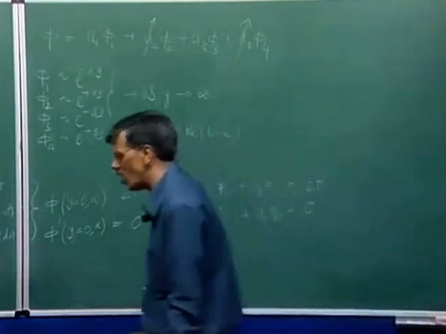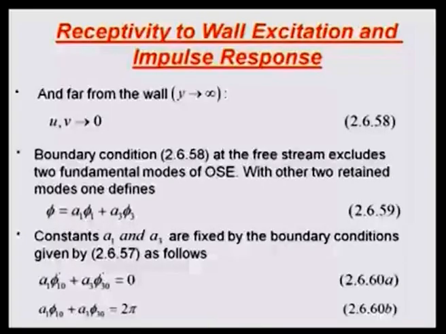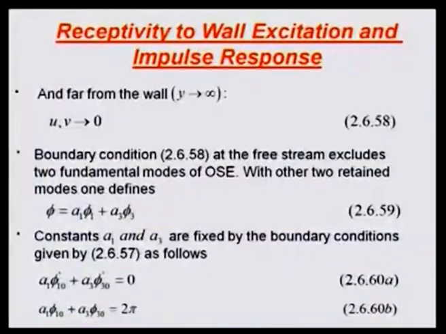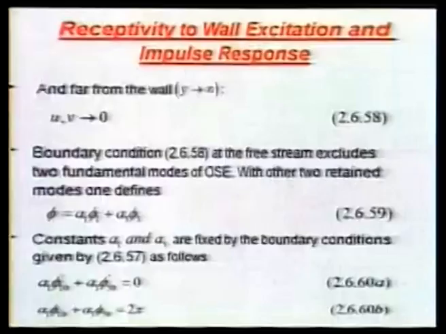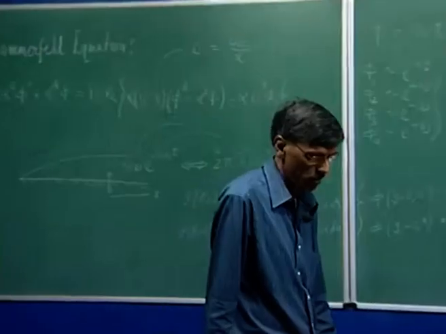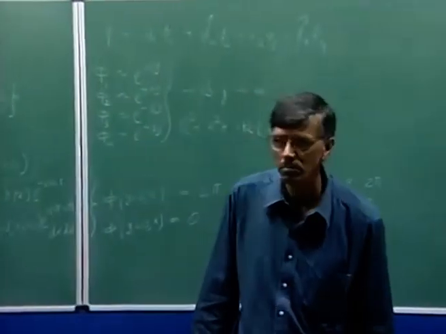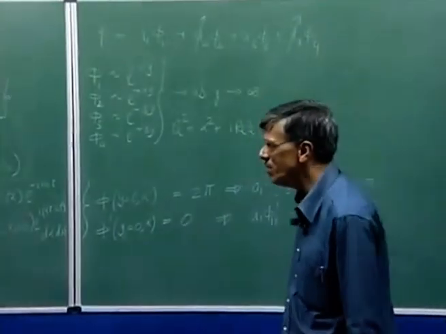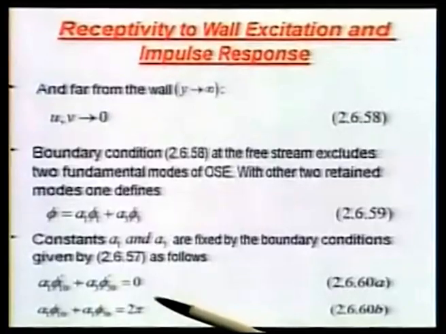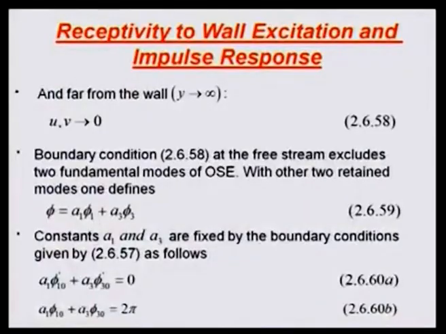So, that completes your description of receptivity, right. This is your definitive excitation provided at the wall, which is of this kind. That translates to these two boundary conditions. Now it's more definitive in the sense that we can fix the values of A1 and A3 by solving these equations.